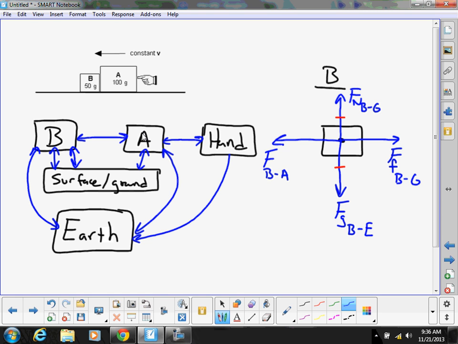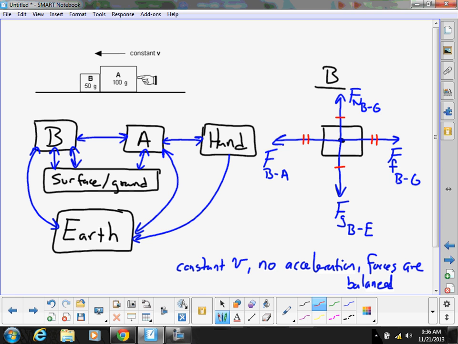Okay. So just remember, if we have constant velocity, therefore no acceleration, forces are balanced. Okay, so if we compared the magnitude of these, then they would come out like so.